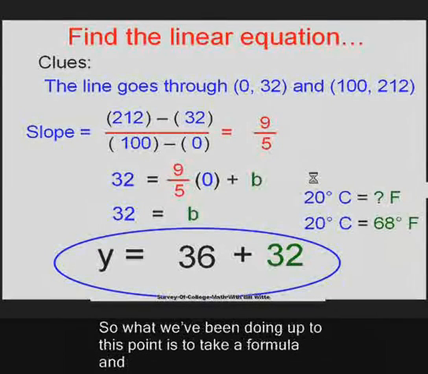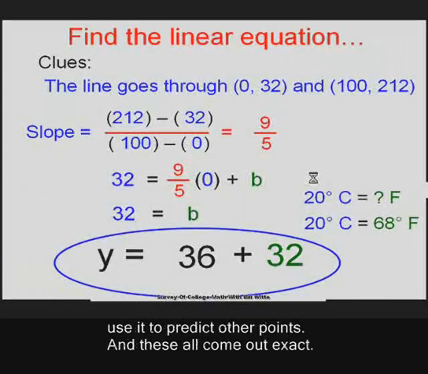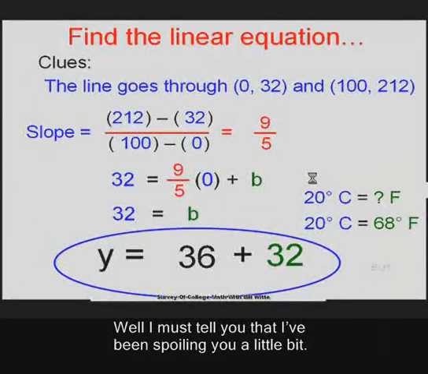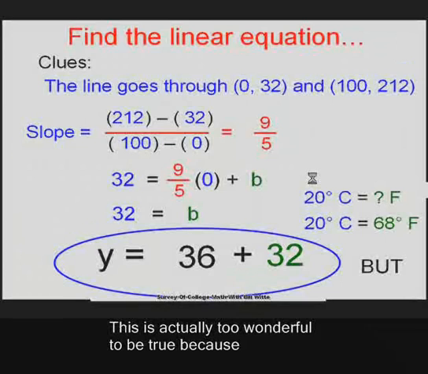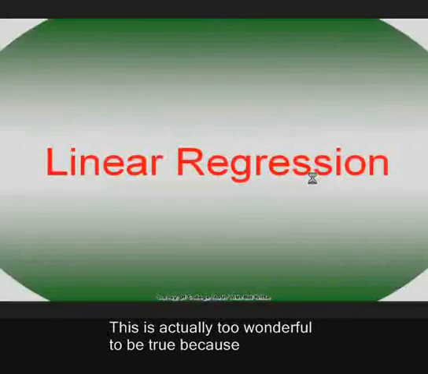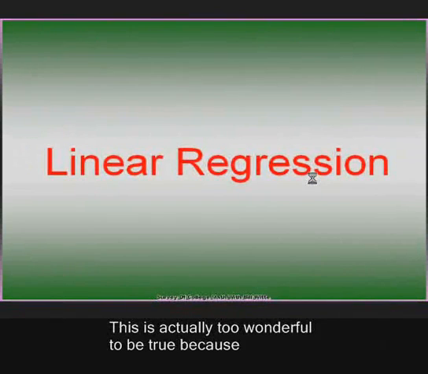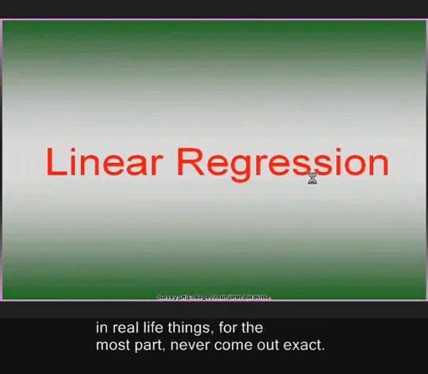So what we've been doing up to this point is take a formula and use it to predict points. And these points were exact. Well, I've been spoiling you a little bit. It is too wonderful to be true, because you can't handle the truth. In real life, things, for the most part, don't come out exact.